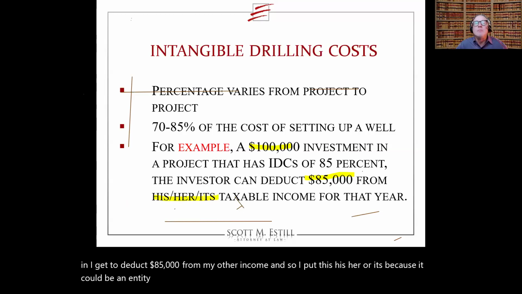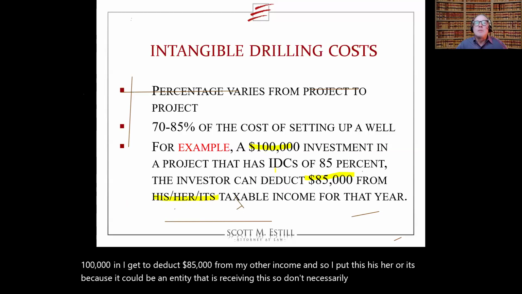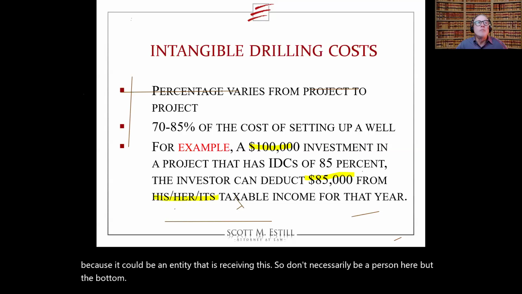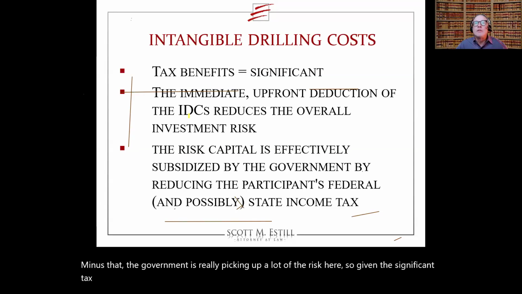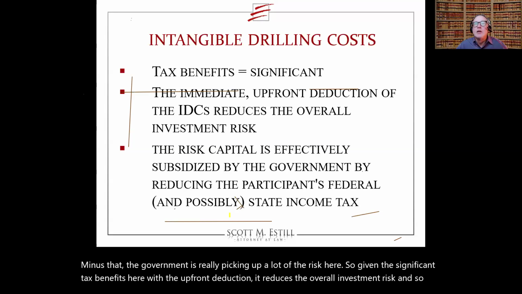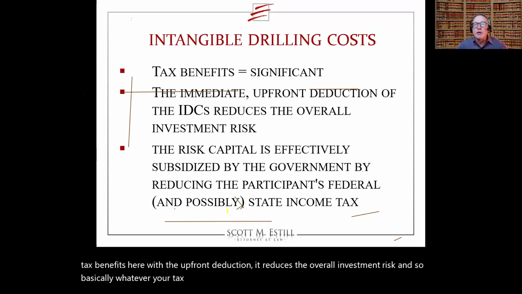So it doesn't necessarily have to be a person here. But the bottom line is that the government is really picking up a lot of the risk here. So given the significant tax benefits here, with the upfront deduction, it reduces the overall investment risk. And so basically whatever your tax bracket is going to be what your savings are going to be.